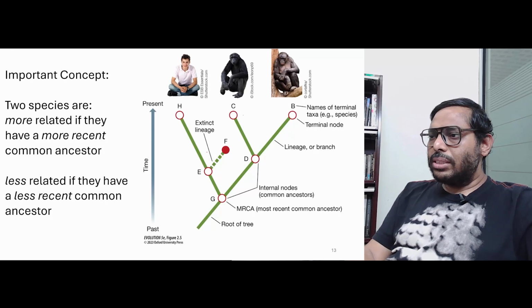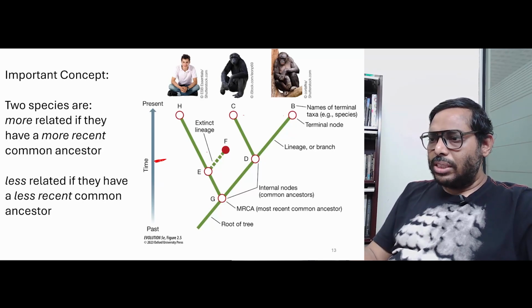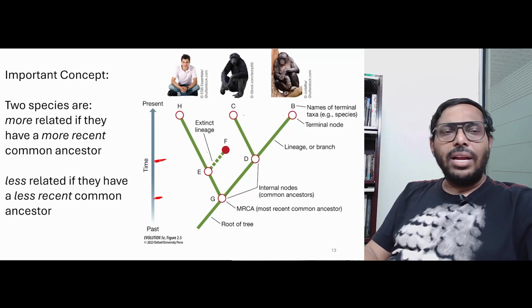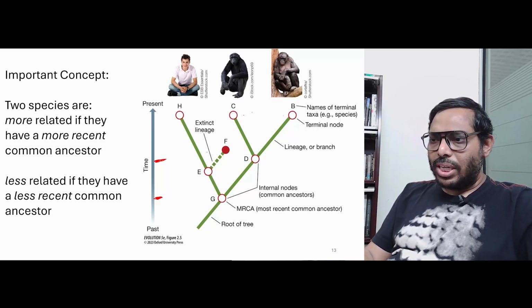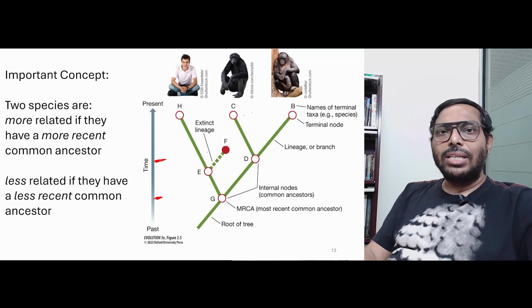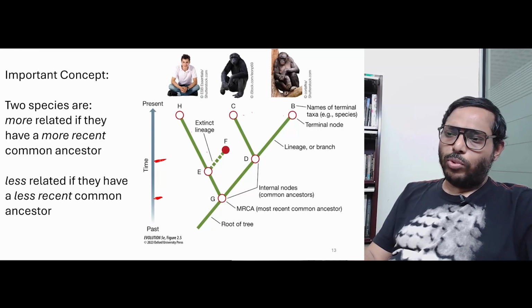So, chimpanzees and bonobos have a common ancestor in the form of D, which is roughly at this point, whereas humans and chimpanzees have as their most recent common ancestor this G, which is at a much earlier time. Therefore, we will say that chimpanzees and bonobos are more closely related to each other compared to humans and chimpanzees or humans and bonobos, right.